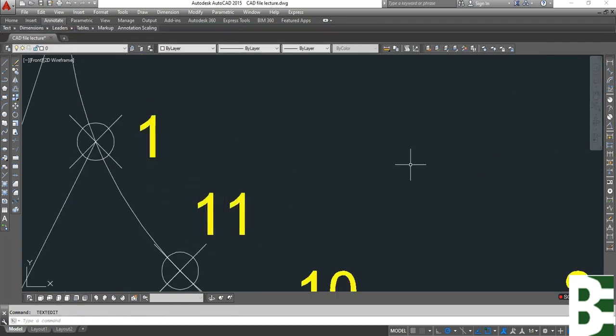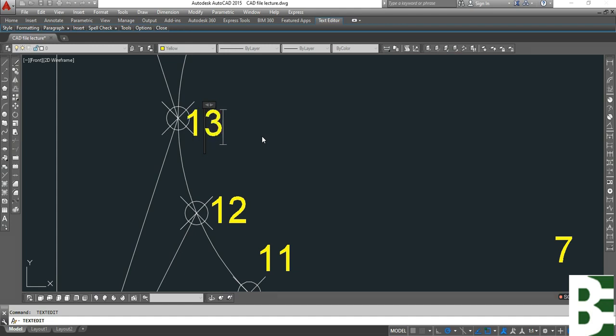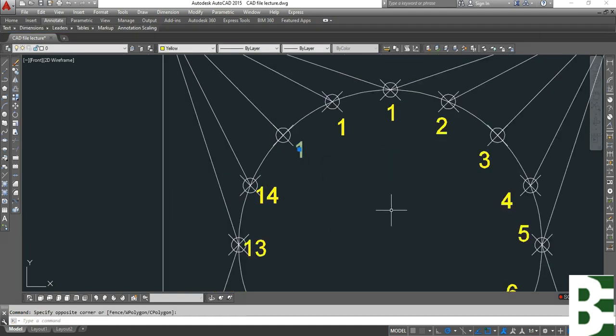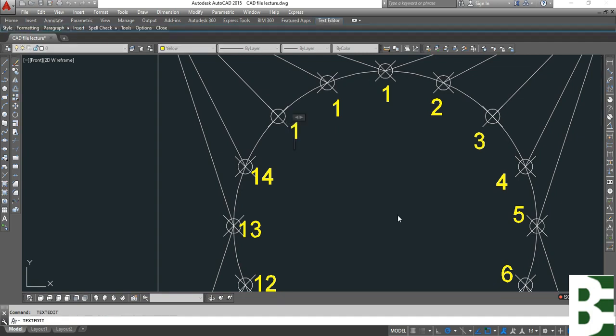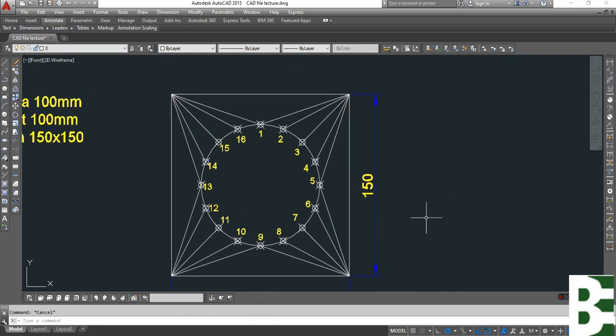You will see. Now it's number 12, number 13, number 14, 15 and 16. It's an equal transition.